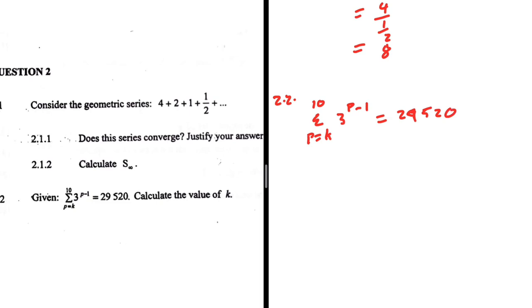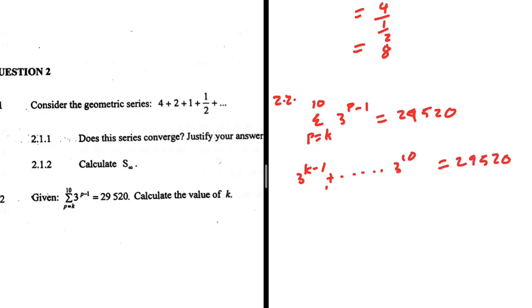The first term is going to be 3^(k−1). The second term is whatever it is, we can't really say because we don't have the value of k, but the last term is going to be 3 to the power 10.